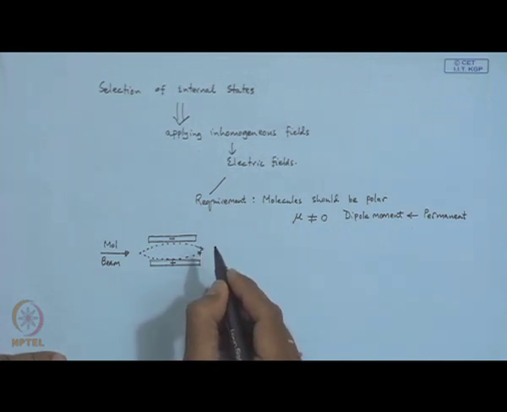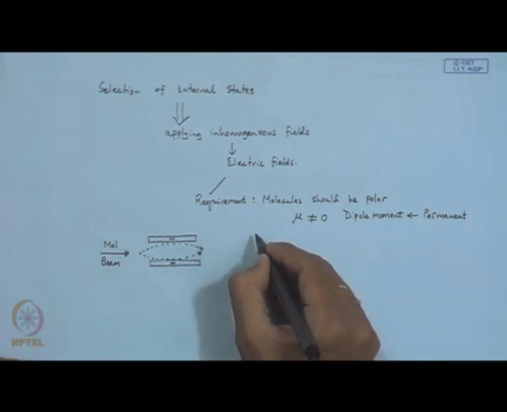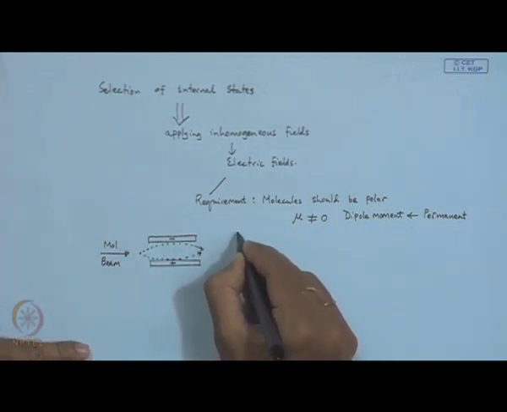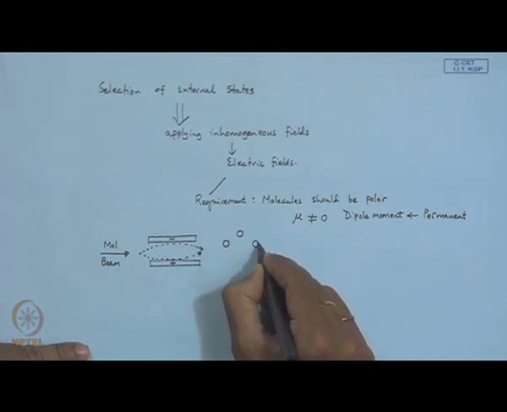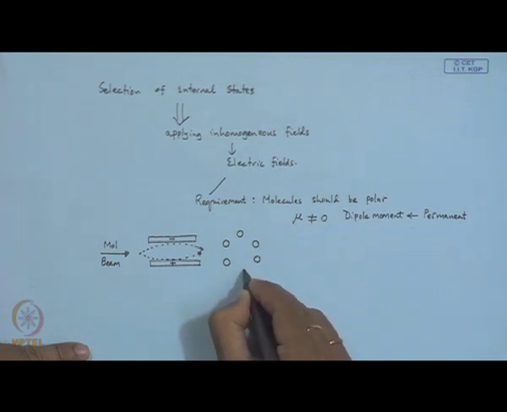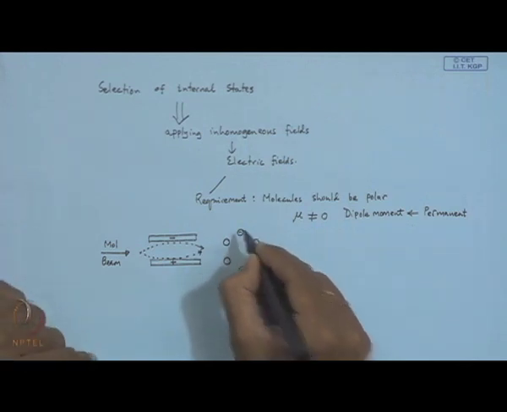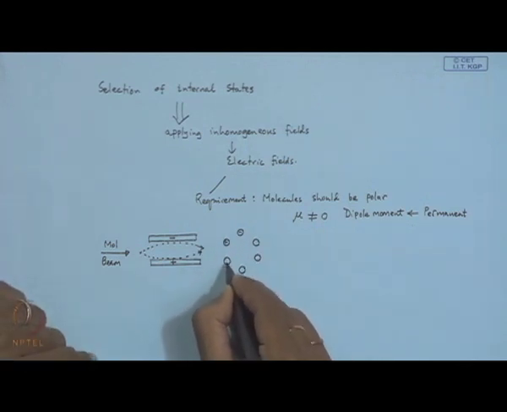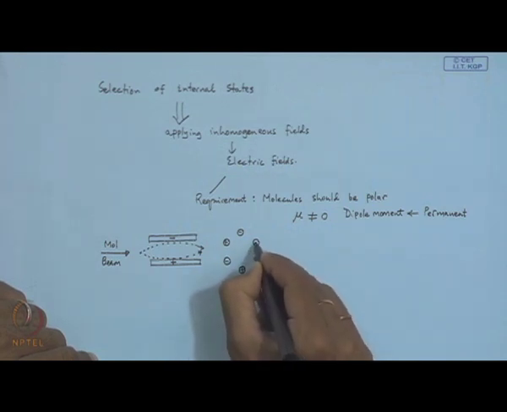Okay. If we view from the other side, this is a side view, it will be something like hexagonal, alternate plus minus. Plus, minus, this is plus, this is minus, this is plus.